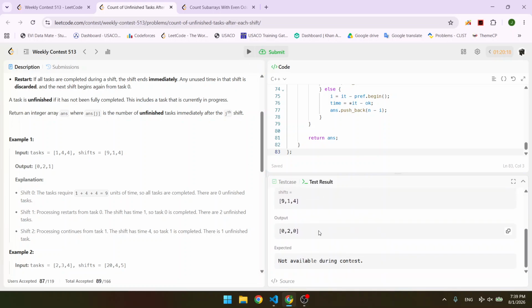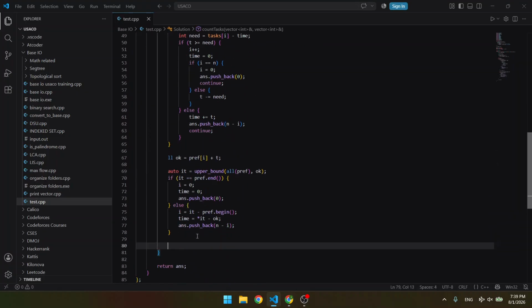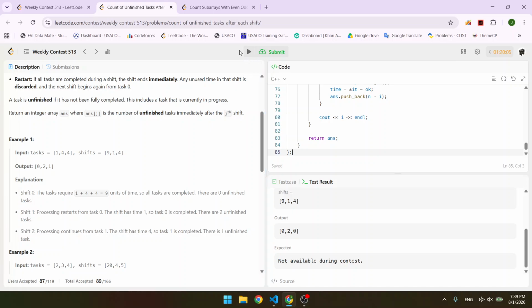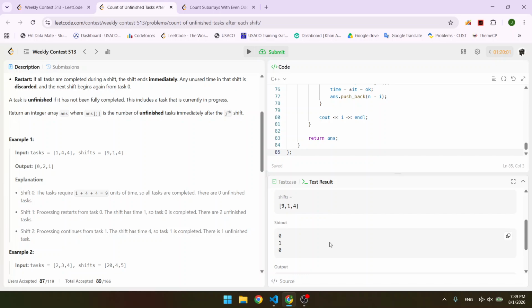0 to 0. Again, I'll print i at each time. Yeah, after the first one, i should be 0. And then after the second one, i is 1.